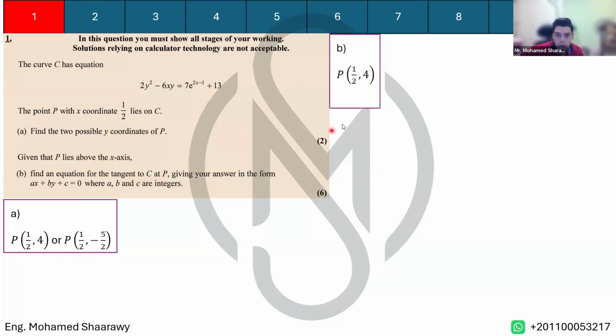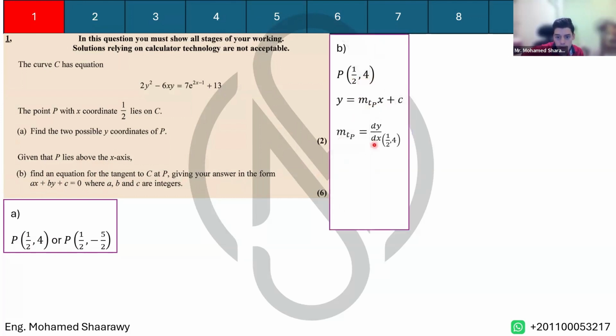In order to find the equation of the tangent, I must use y equals mx plus c, where m is the slope of the tangent at the required location P, whose x is half and y is 4.